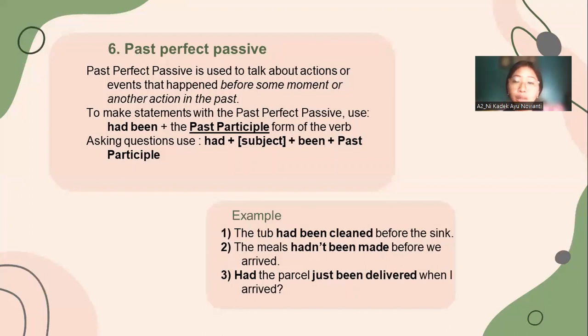For asking a question, you can use had plus subject plus been plus past participle. For example, had the parcel just been delivered when I arrived? The second example is the tub had been cleaned before the sink. And the last is the meal had not been made before we arrived.